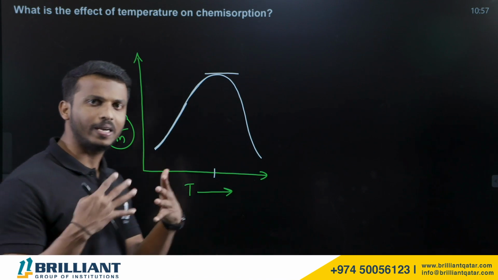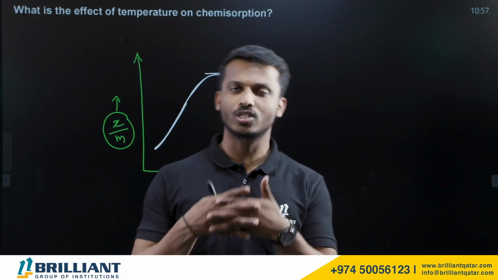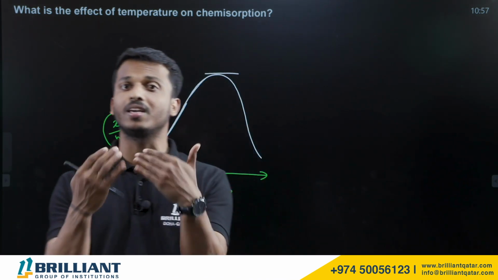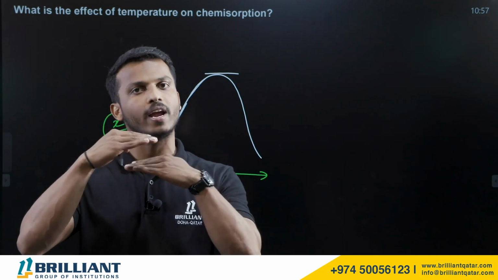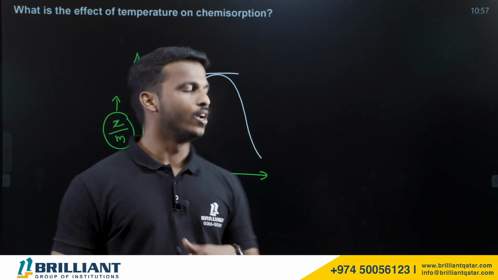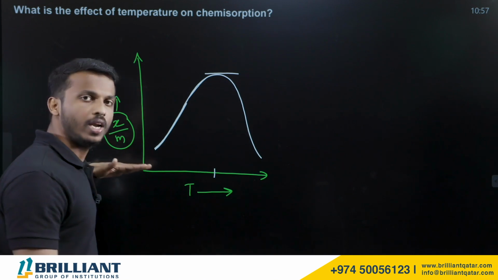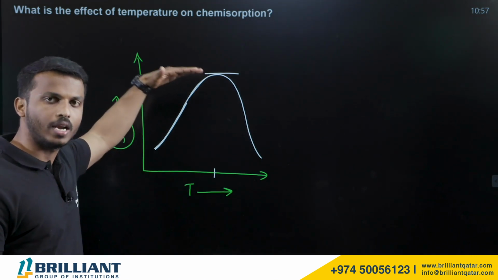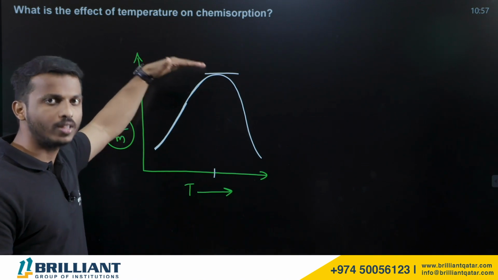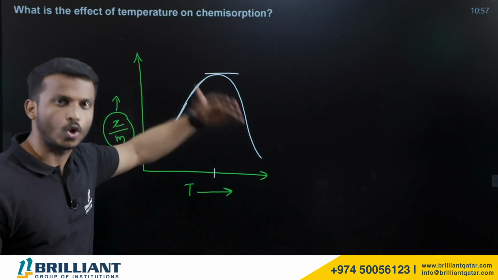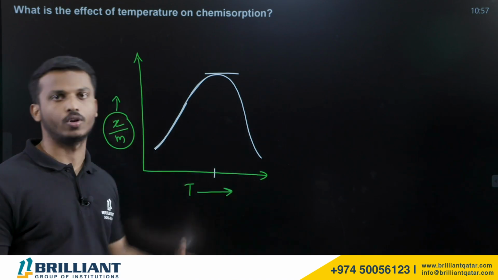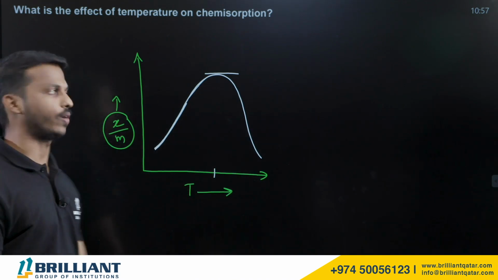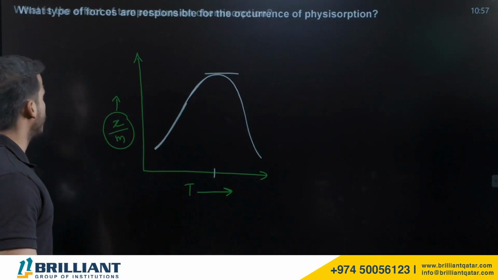Dear student, even though it is chemical bonding, a stronger bonding, when you keep on increasing the temperature, the bond will break and desorption will happen. Correct? So in chemisorption, initially when you increase the temperature, adsorption also increases, but it reaches a maximum point. After that temperature, desorption will happen and the extent of adsorption decreases. This is the nature of chemisorption.